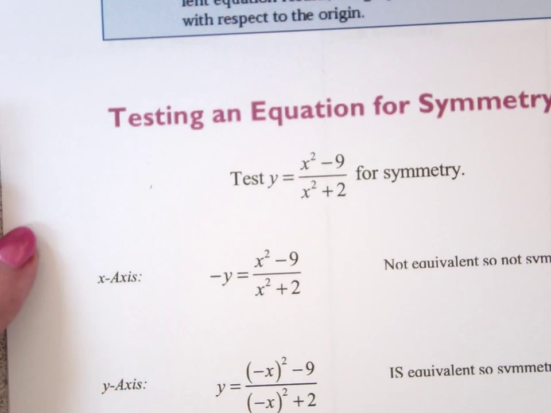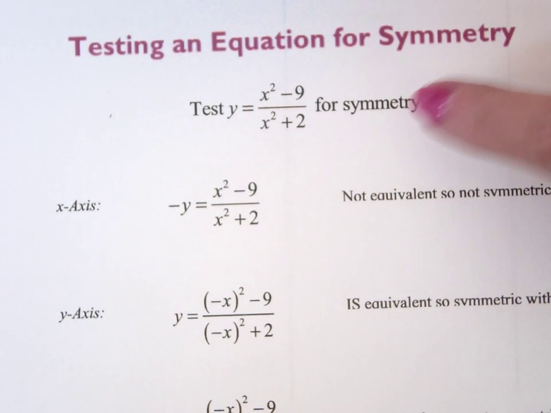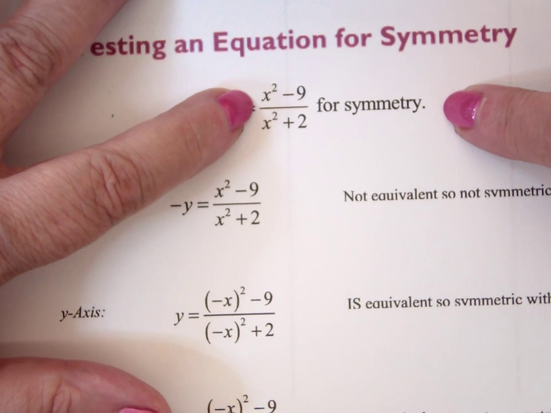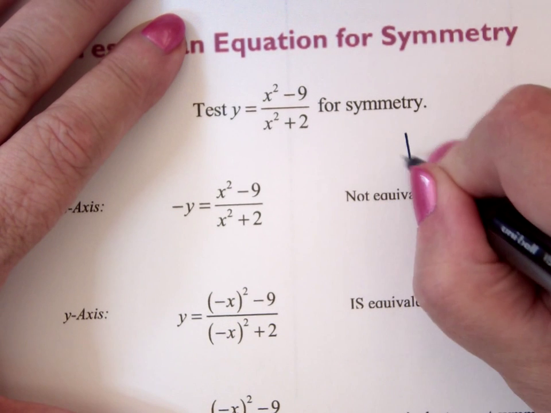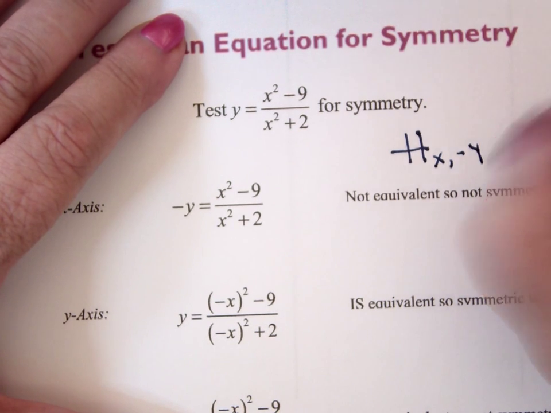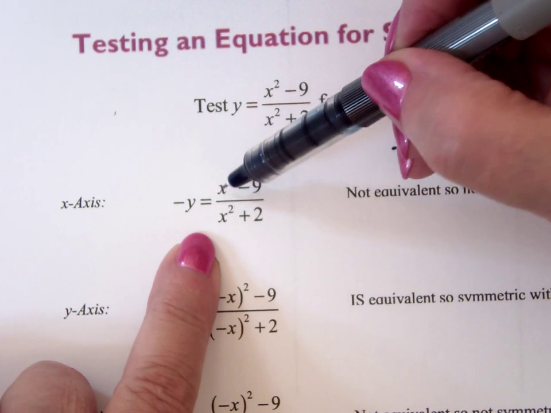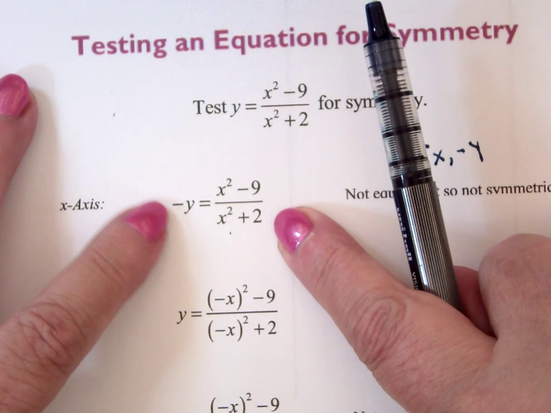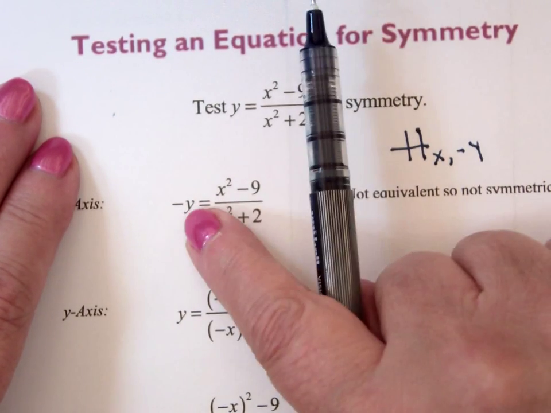So this says, how do I test? Now this is an example of how you test. If I have an equation, and here's the guy right here, and I want to test for symmetry, for the x-axis, x stays the same, y changes. So I would replace y by minus y, x stays the same. If this is symmetric with respect to the x-axis, then the two equations would remain the same.